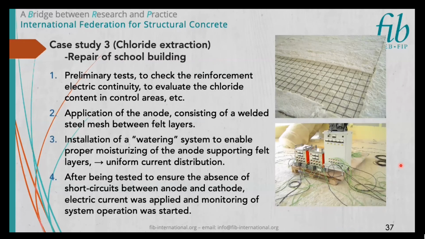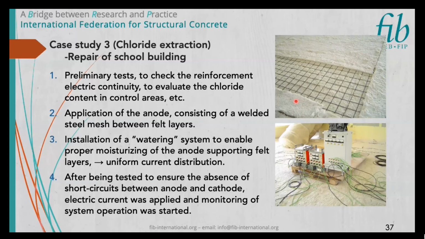As a preliminary test, the electric continuity of the reinforcement and the chloride content in control areas were checked and evaluated. The anode, consisting of a welded steel mesh, was set between felt layers.